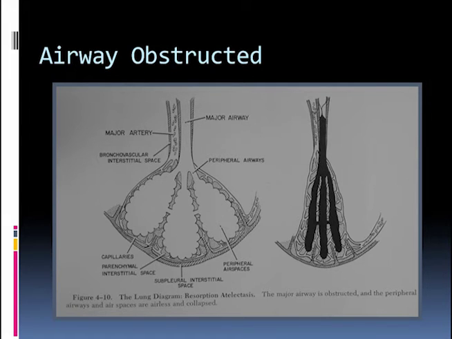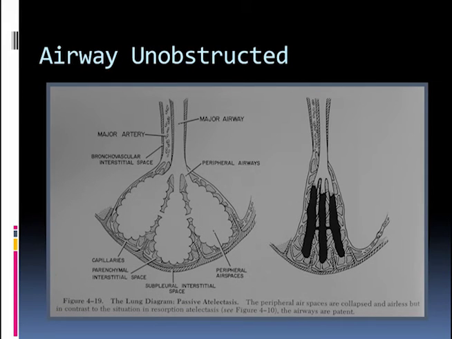Now in this particular case, if you go up into the proximal airway, you can see that there's something obstructing that airway, and often this is a cause of atelectasis or collapse. We get an obstruction to a proximal airway, and the air gets resorbed below that point and everything collapses. This is called an endobronchial obstruction.